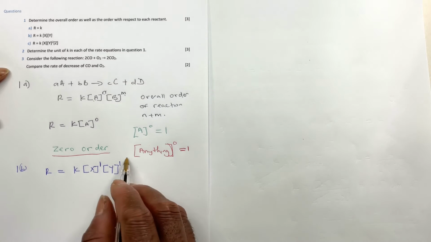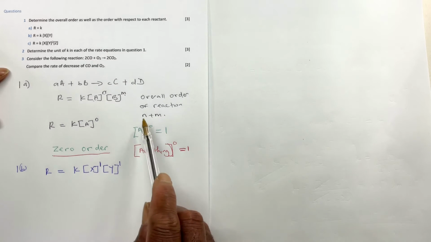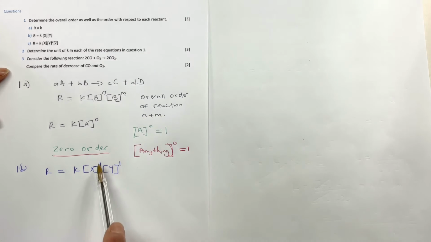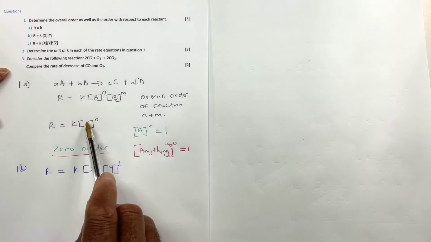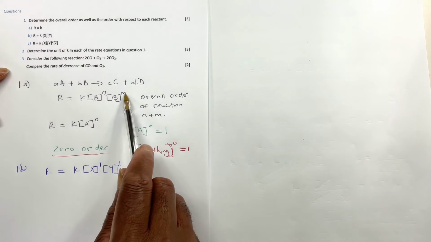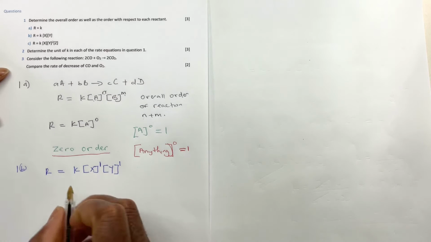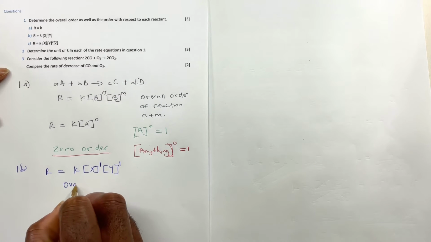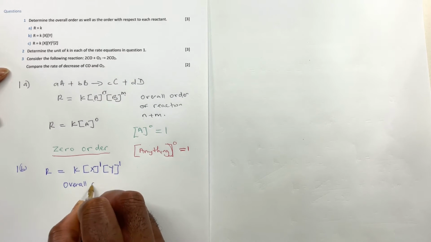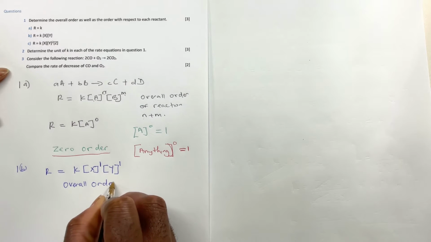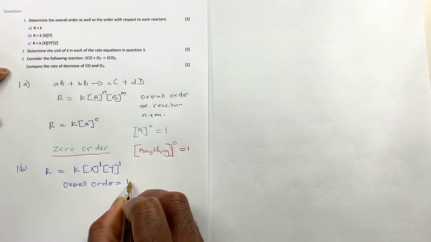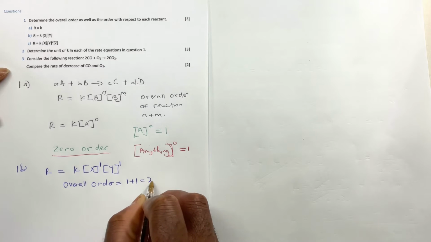Now the overall order is going to be, in this case, n plus m, because n is 1 and m is 1. So overall order is equal to 1 plus 1, and that equals 2.